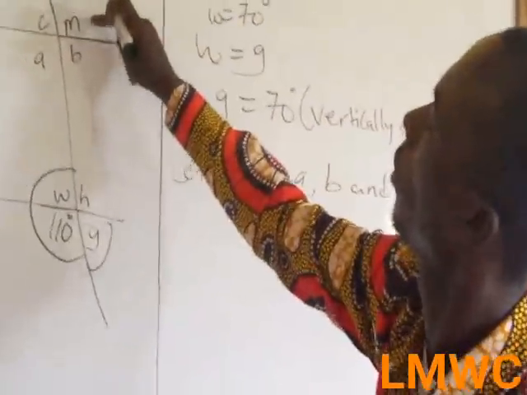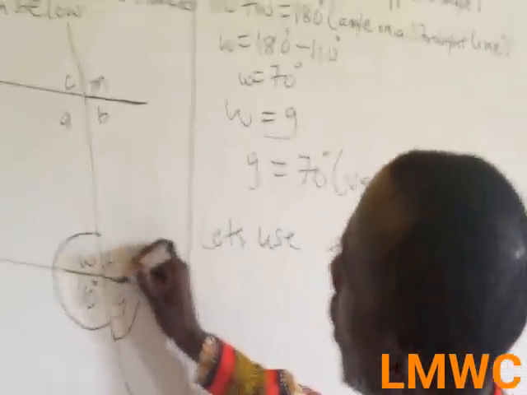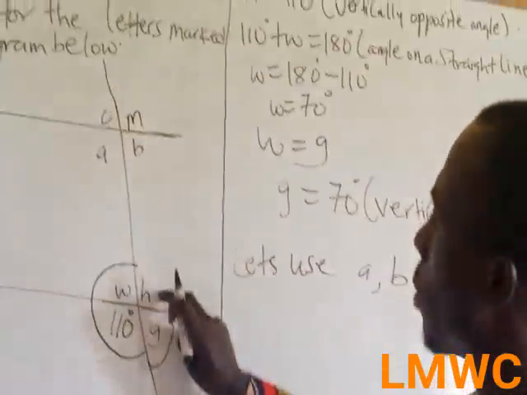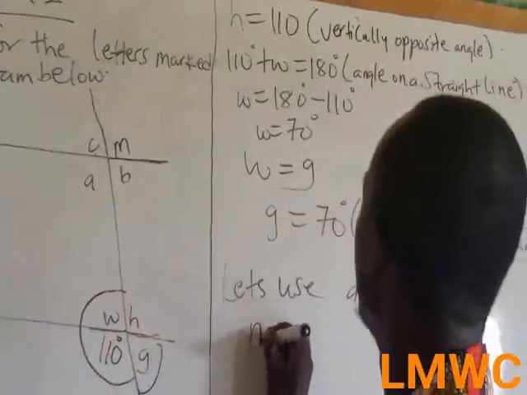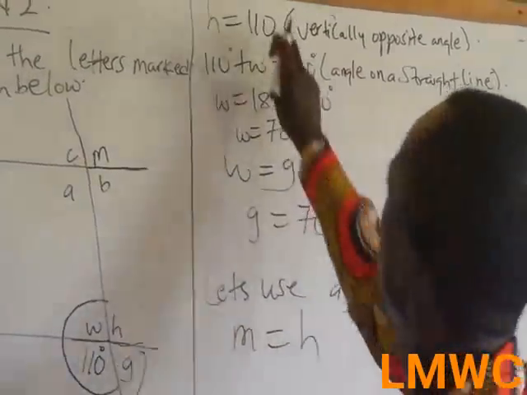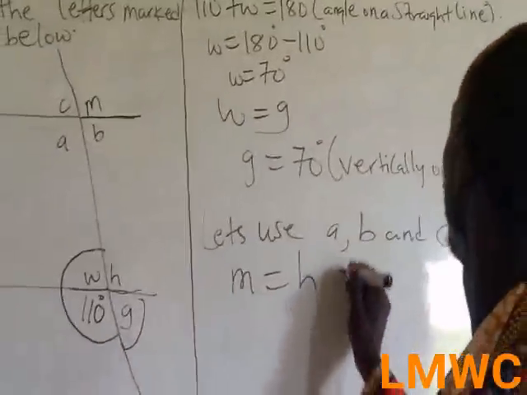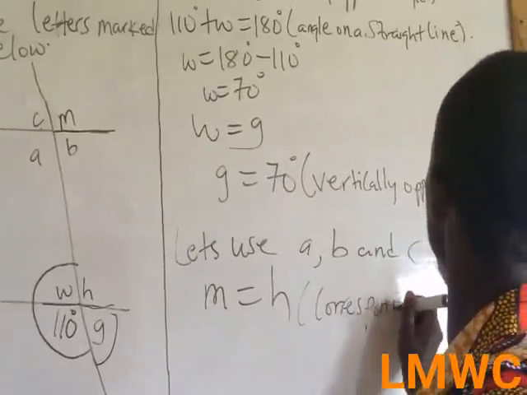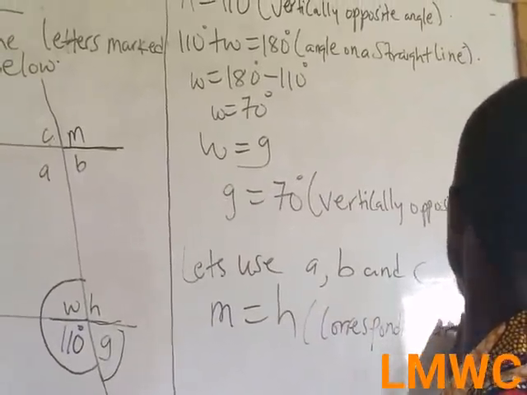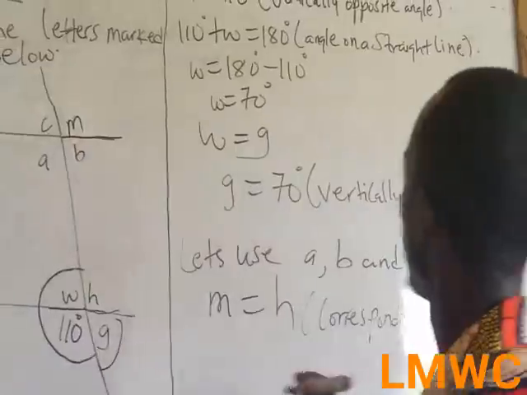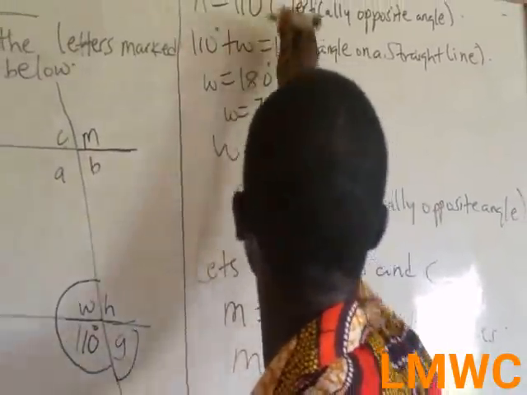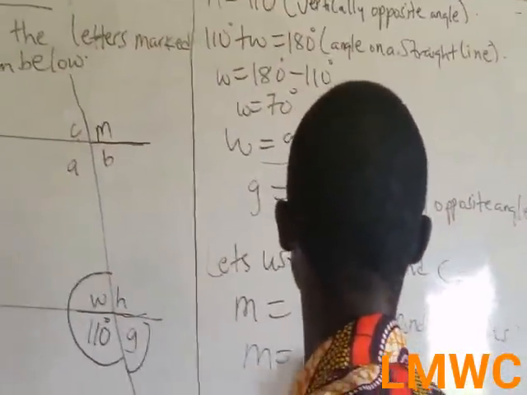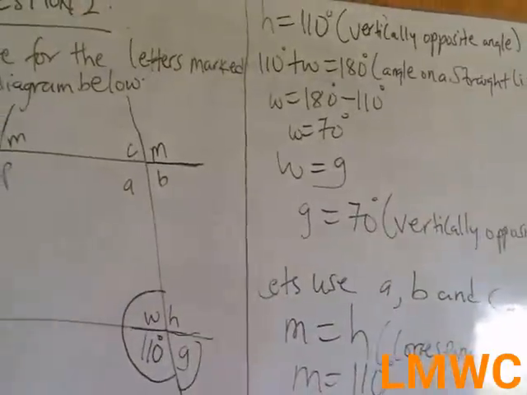So what is M? M corresponds to H. M is equal to what? H. And we know H to be 110. Corresponding angles. So M is equal to 110 degrees.